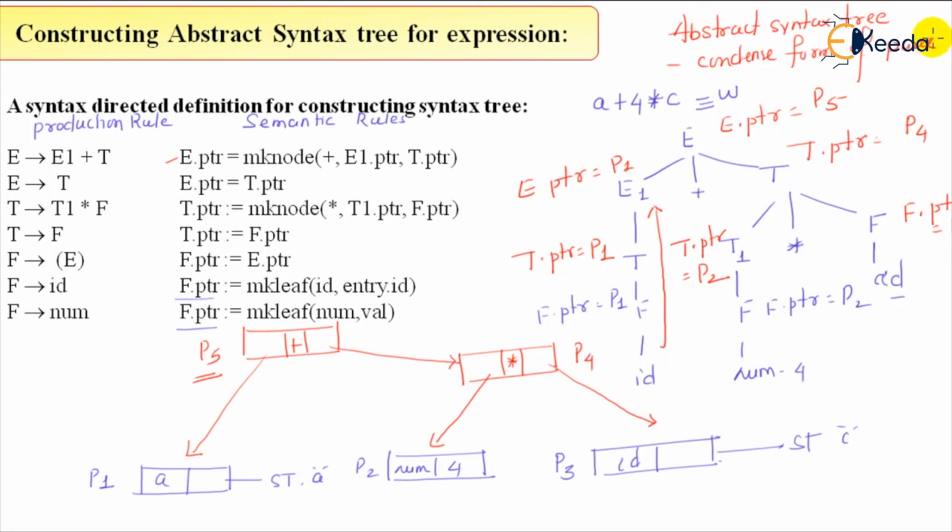We'll keep only the important information: roots as operators, leaves as ID or number, the rest we take out and collapse the chain of single productions. So that is an example of an abstract syntax tree. This is one of your IR, or intermediate representations. So that's all for this discussion. Thank you.